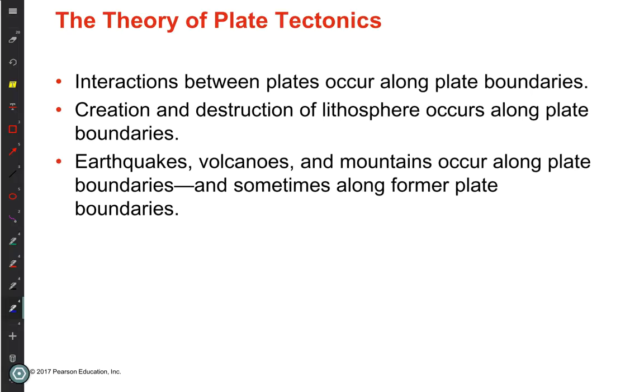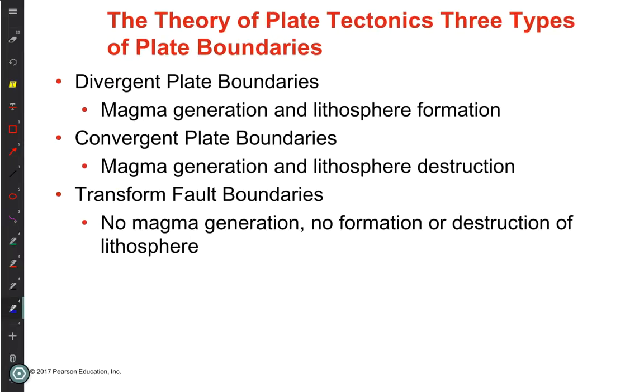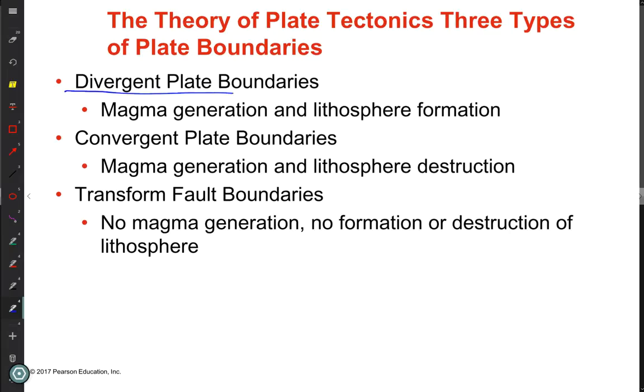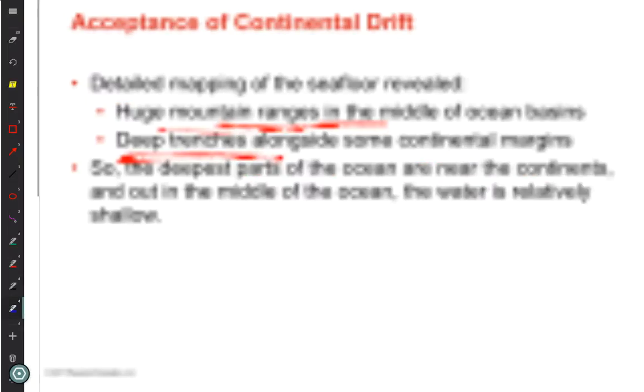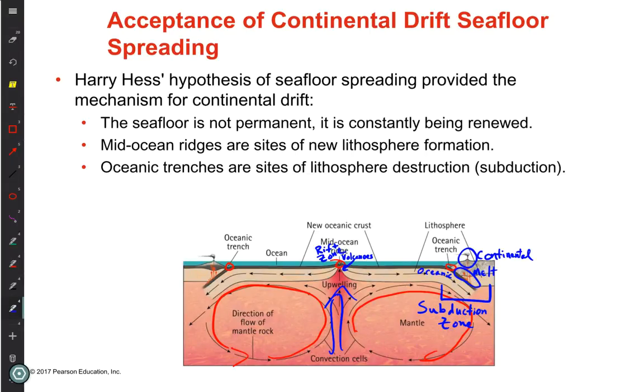It's over there. Okay, so let's continue on with this. We have 3 types of boundaries between the plates. Divergent. Where do we find divergent boundaries? Divergent means they're moving apart. Where do we find them moving apart?